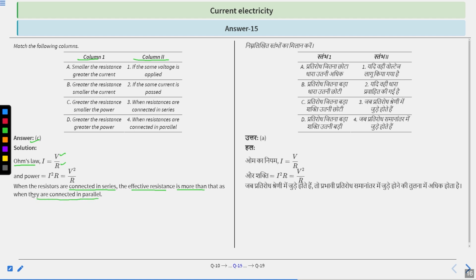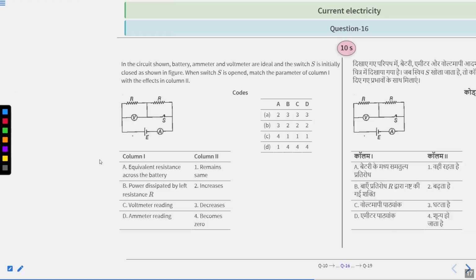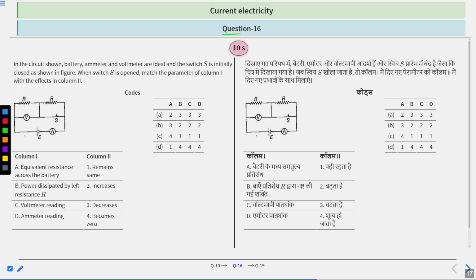So option C is correct. Next question, question 16.